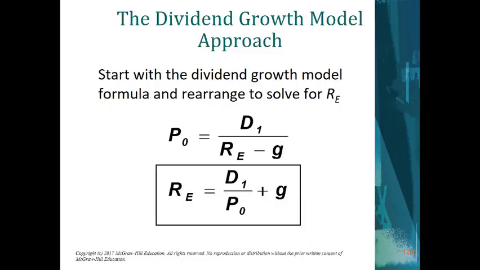Well, if you can figure out the price today, P0, you can turn that formula around and figure out the required return. So that's something we did in an earlier chapter. So you see the reformulated formula down there at the bottom to figure out the required return.